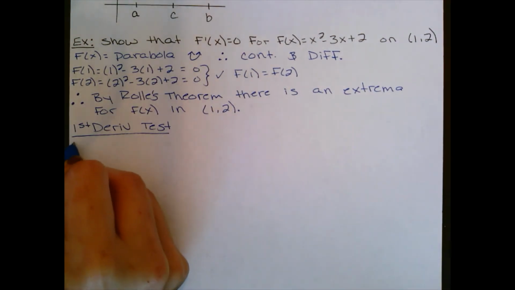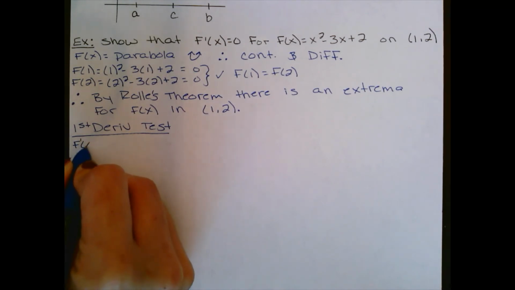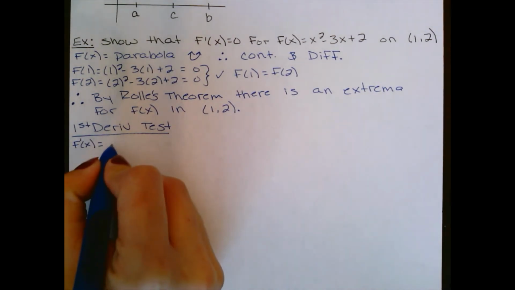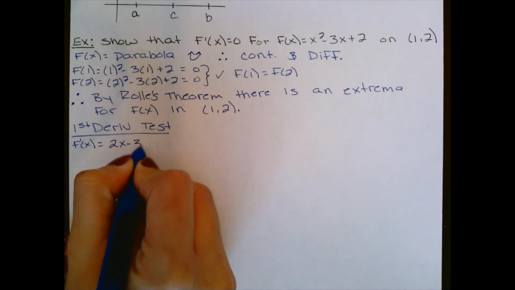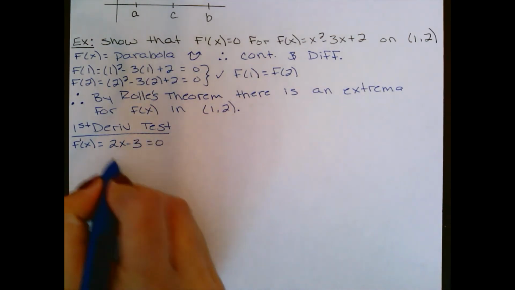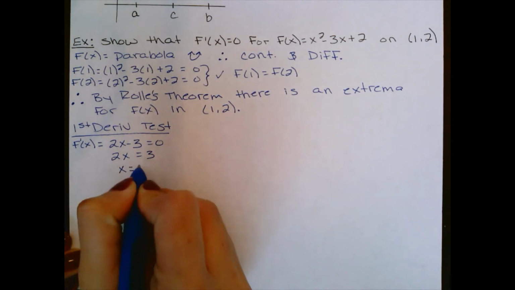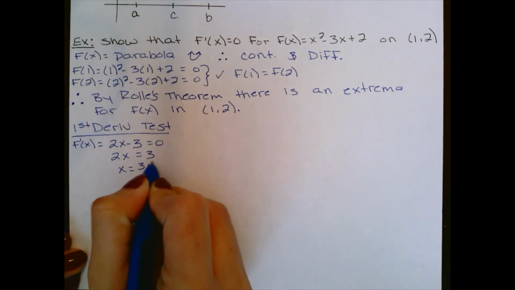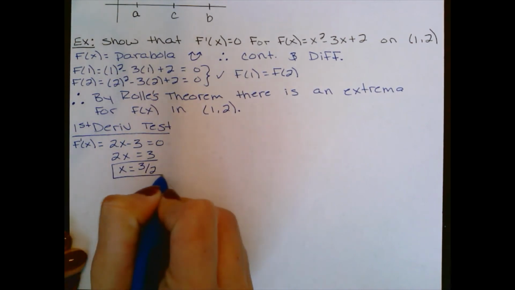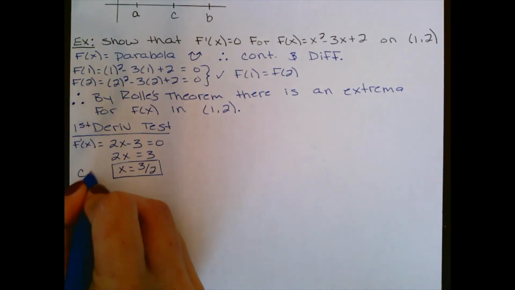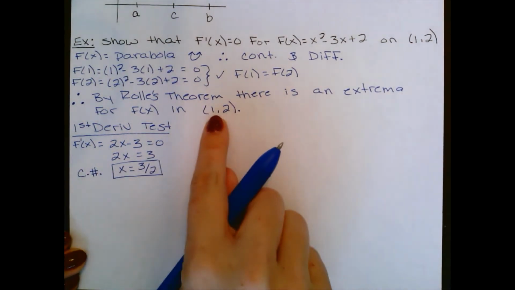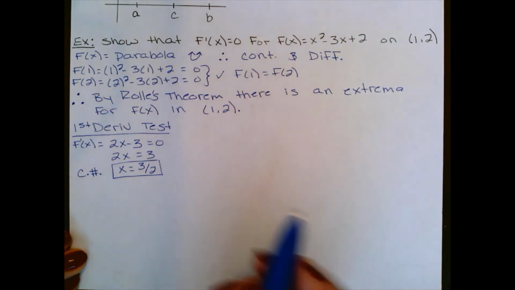First derivative test says to start by doing the derivative of the function, set it equal to 0. And I have a critical number of 3/2, which is 1.5. So this is starting to look like it's on the right track because 1.5 is in between 1 and 2.